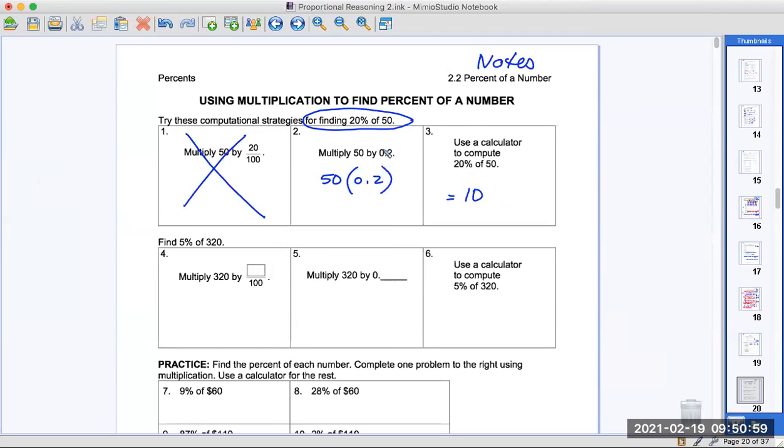All right, why am I multiplying by 0.2? 20% as a decimal, you move your decimal backwards. So here's what we're going to write: move decimal back to the left 2 spaces.